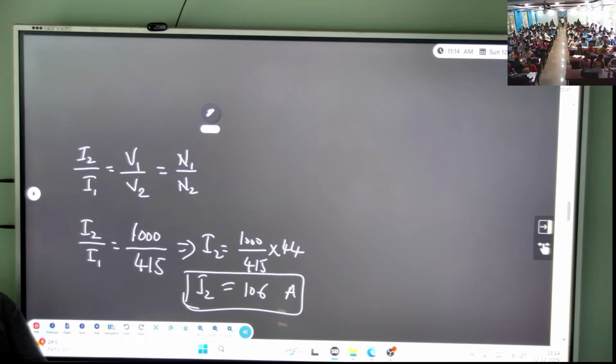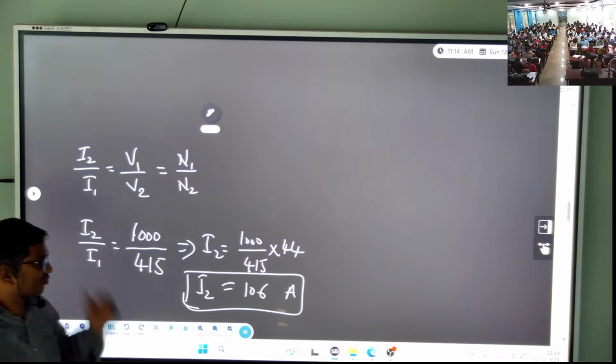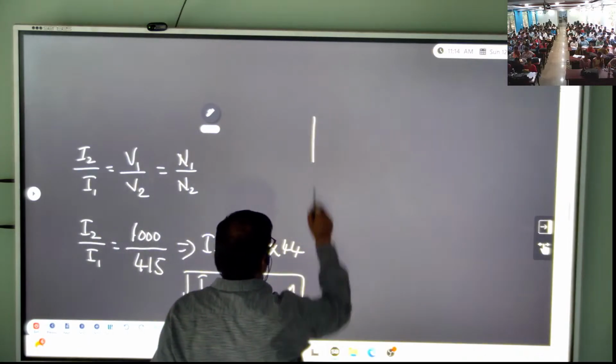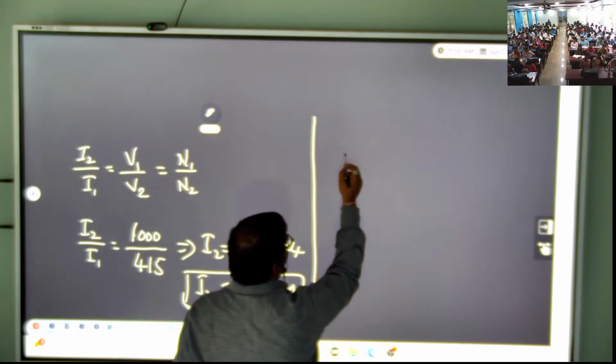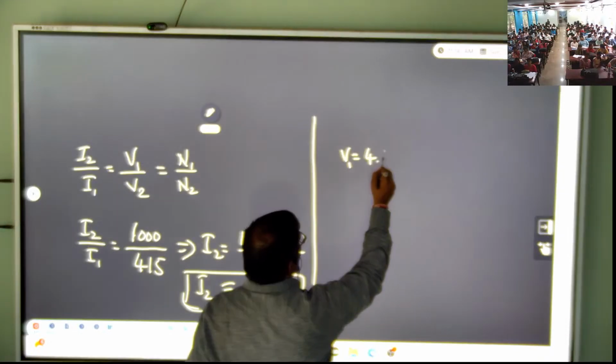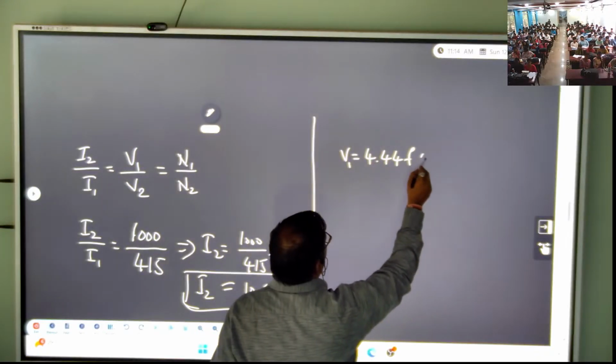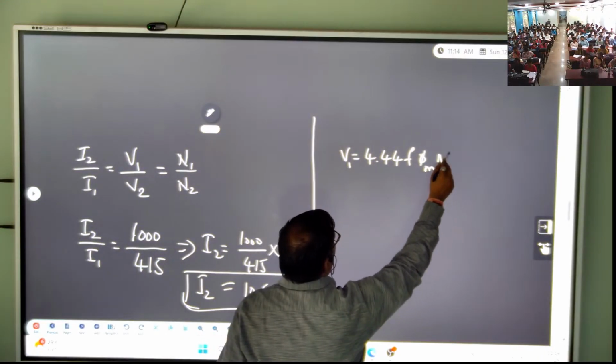Then after this, for the third question, you require phi m. For this, you can use any one of the formulas. V1 is equal to 4.44 F phi m N1.